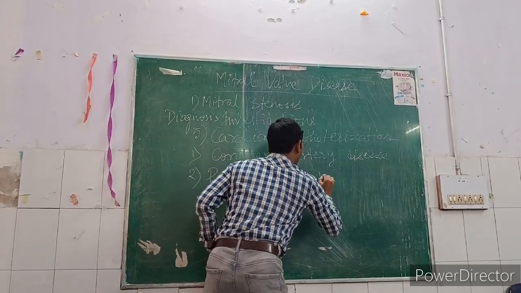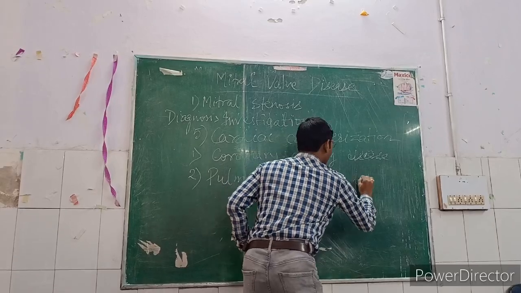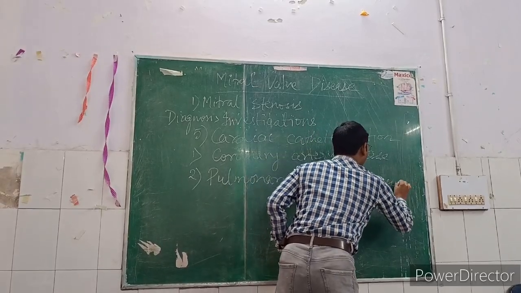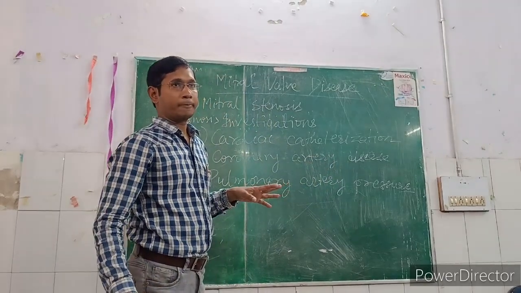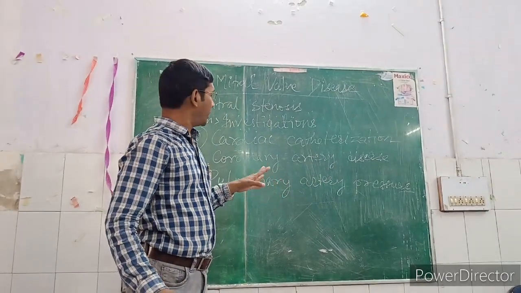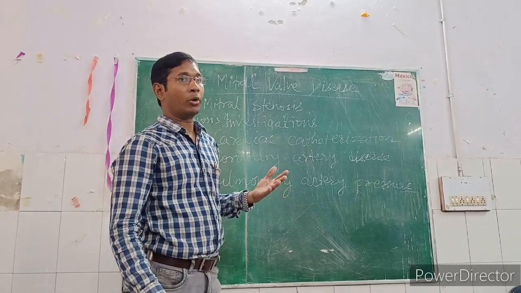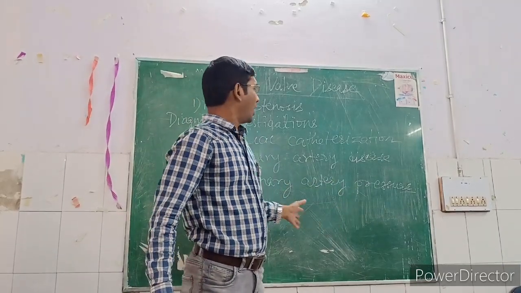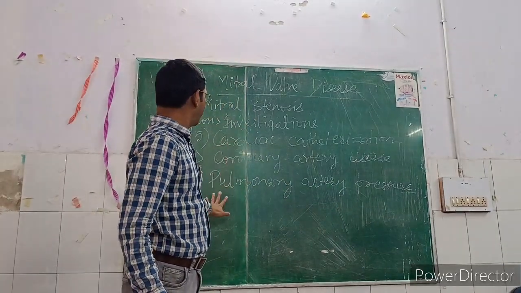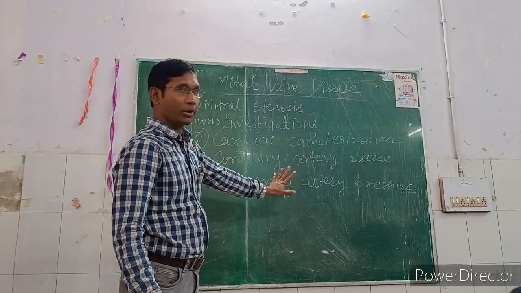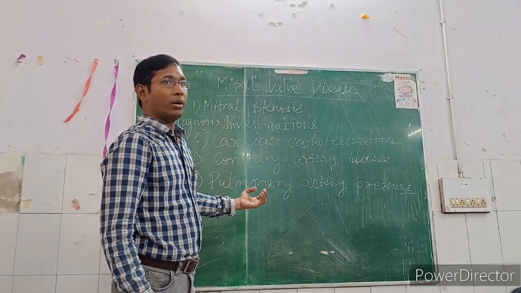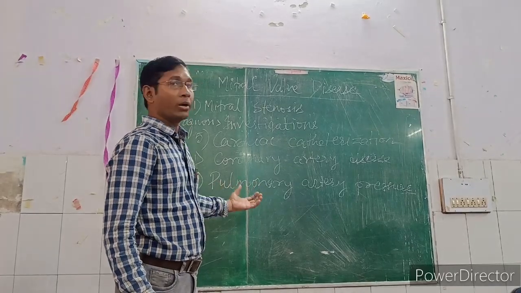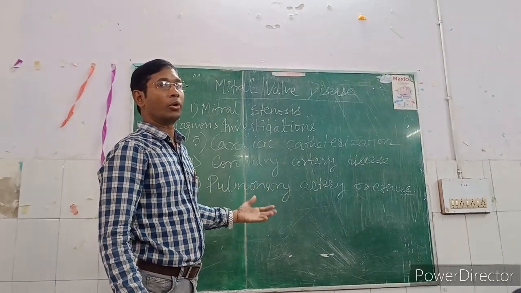Cardiac catheterization also measures pulmonary artery pressure, because as I have already told you, in case of mitral stenosis there is a chance of development of pulmonary arterial hypertension, and by means of that we can assess the severity of the pulmonary arterial hypertension or whether it has developed or not.